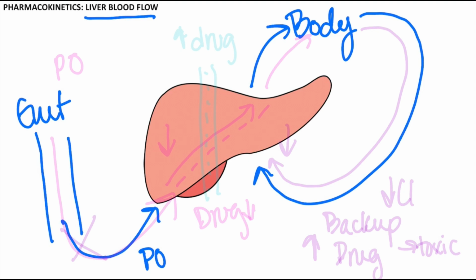Some drugs, when they are given orally, will travel to the liver first after being absorbed, and liver blood flow will dictate the time the drug actually takes to travel through the liver and be acted on by the enzymes in the liver before it's sent out to the body.